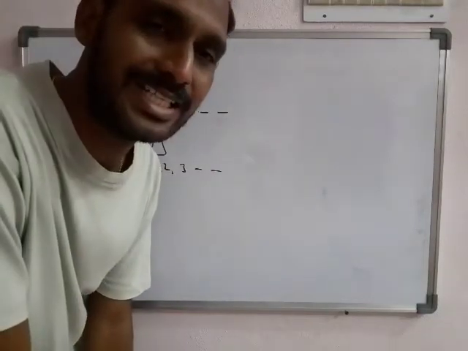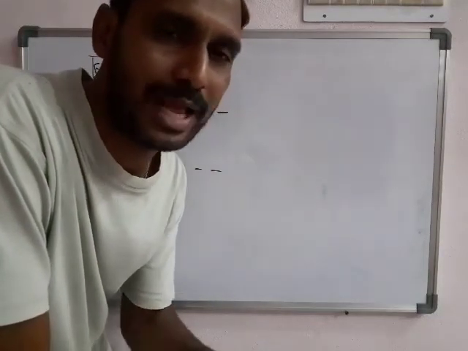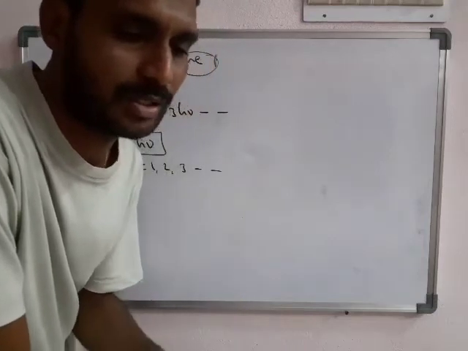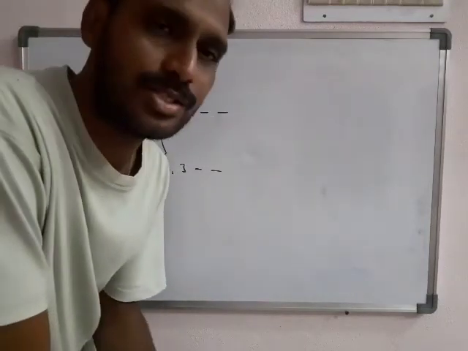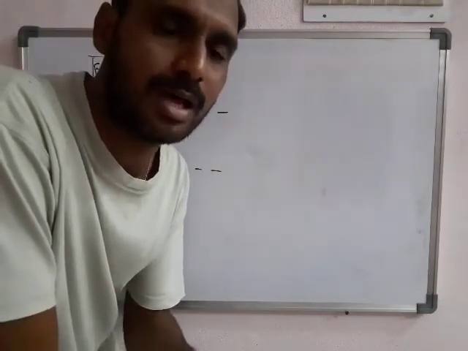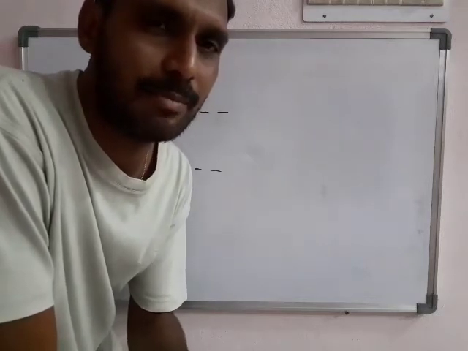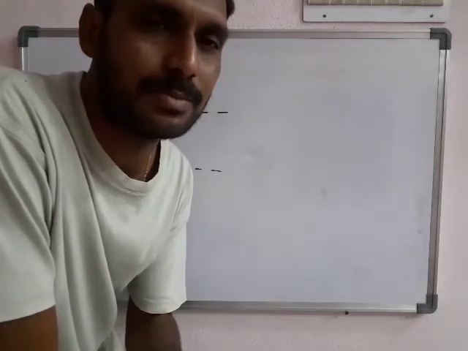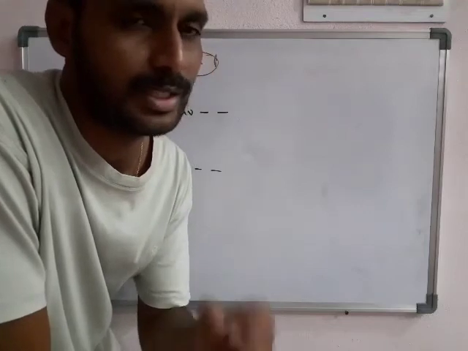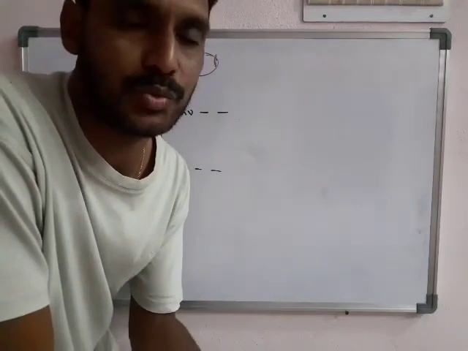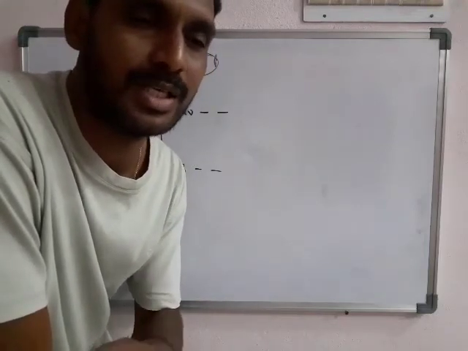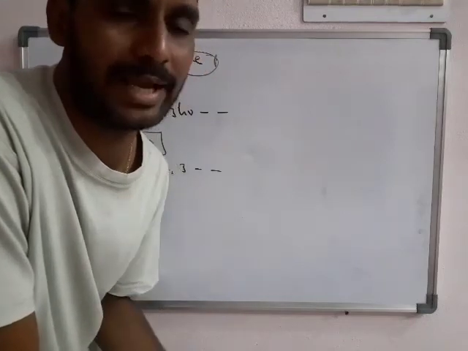Only integers are present, not fraction values. The energy of the quanta is always an integral multiple of h nu, that is 1 h nu, 2 h nu, 3 h nu. It cannot be in fractions.